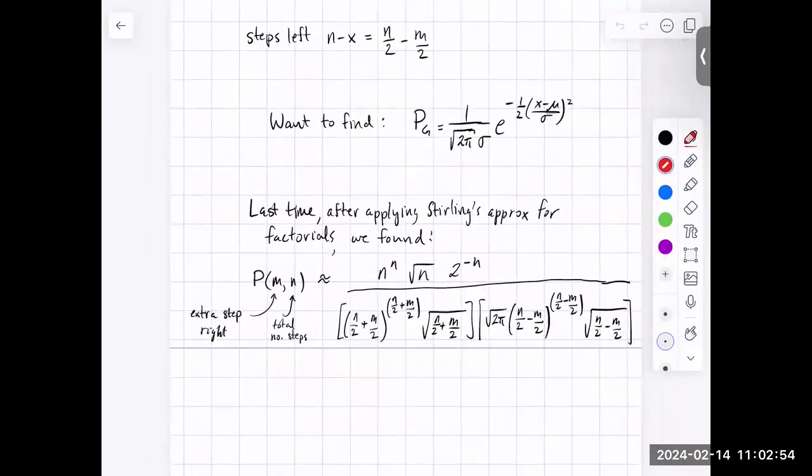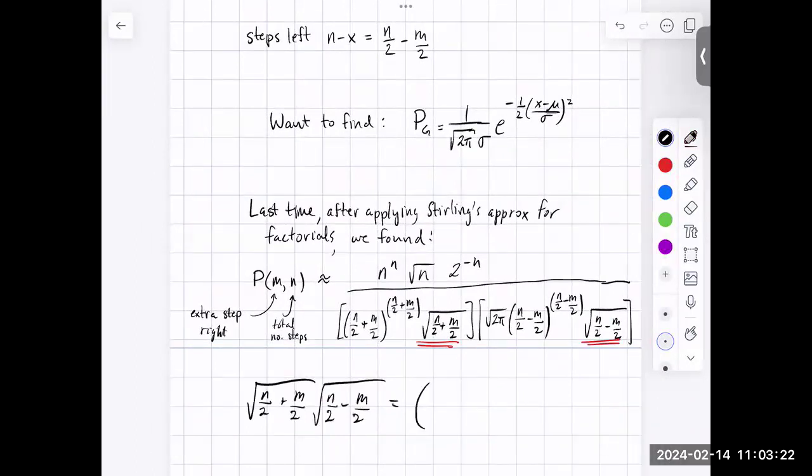Okay, so the first thing we're going to notice is that we have these two little square root factors. And so we can combine these little square root factors. If I multiply these two square root factors together, we'd have the square root of n over 2 plus m over 2 times n over 2 minus m over 2.